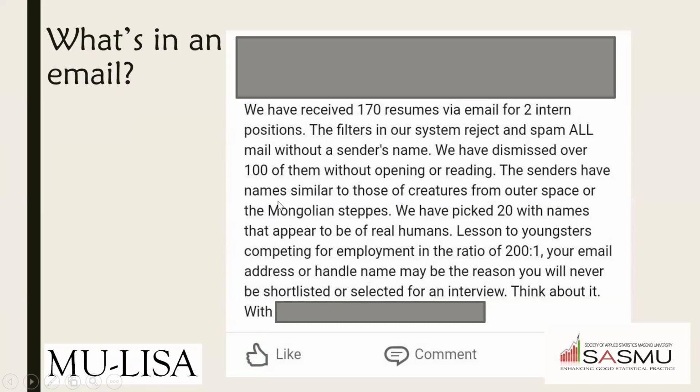Senders who had names that were similar to strange creatures were also dismissed. There were 20 people who had strange addresses, like Star Wars 50 at Gmail. They were dismissed just because of that.